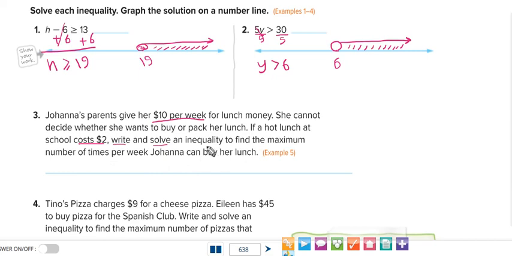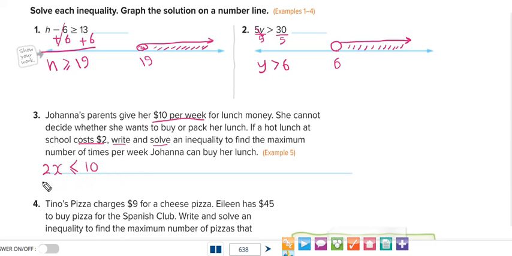Let's say that the number of lunches is X. So 2 multiplied by X, the number of lunches she can buy, should be smaller than or equal to 10, because she cannot spend more than 10. Of course, she has only 10.